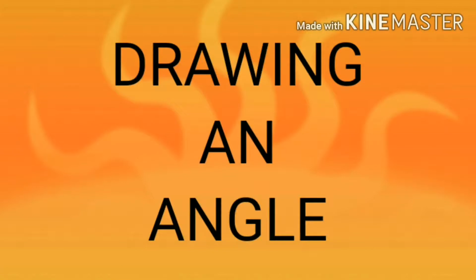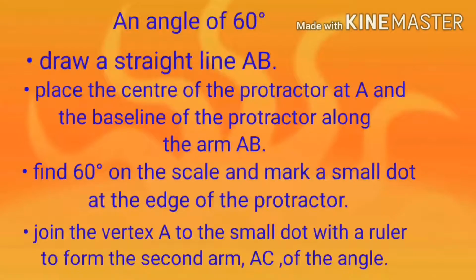Drawing an angle. To draw an angle of 60 degree, draw a straight line AB. Place the center of the protractor at point A and the baseline of the protractor along the arm AB. Find 60 degree on the scale and mark a small dot at the edge of the protractor.